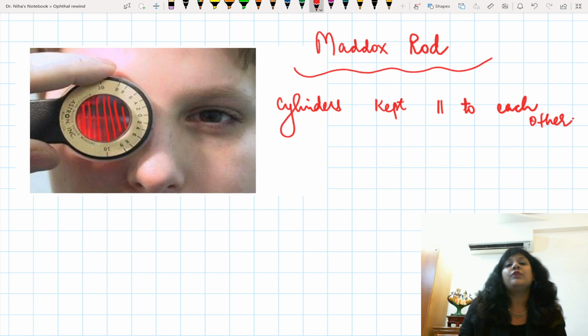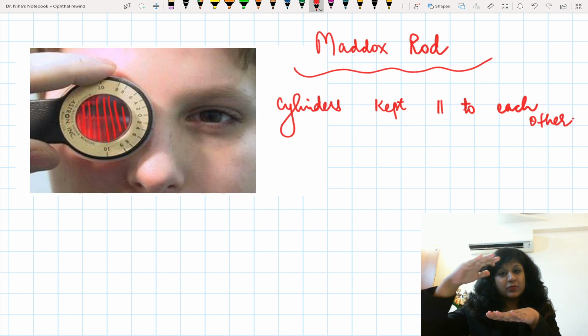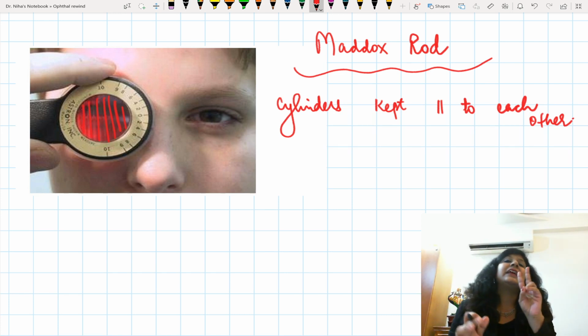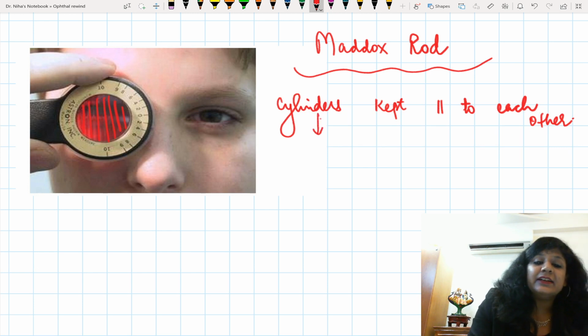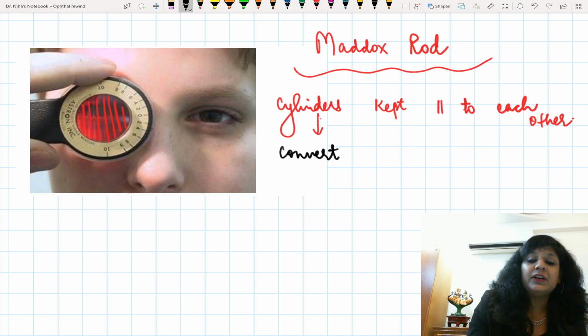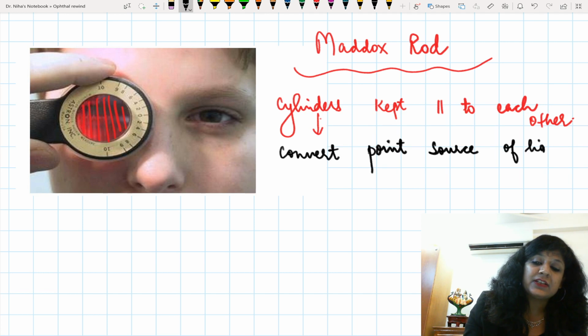It consists of so many cylinders stacked one over the other, right? Second important thing, what these cylinders are doing basically is converting the point source of light into a red line, right, at a perpendicular axis.